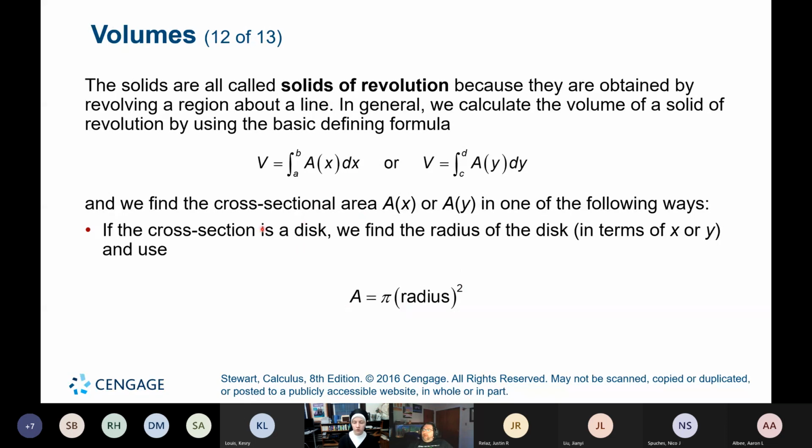So our disks are going to be circles, so our area is always going to be pi times the radius squared when we're plugging it in. So in my formula, the integral, that area is going to be pi r squared basically. The r is what we're actually going to be looking at in terms of the y's and things like that to figure out the values at our functions. And we can do it on the x-axis or the y-axis, depending on which way is going to be easier for us to figure it out.